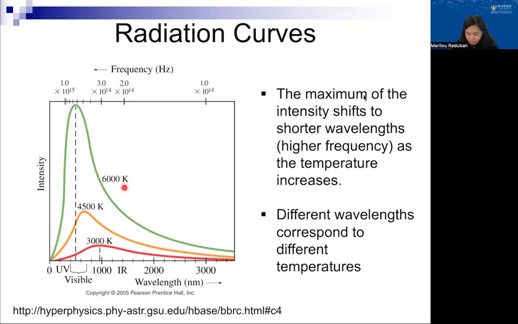Okay. What we can also see from the radiation curve, aside from the intensity, is how the intensity of radiation shifts according to the wavelength.